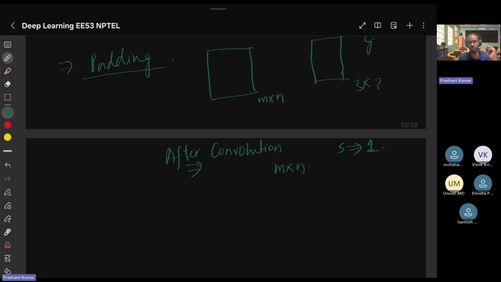Then how much padding do I need to give on the left and the right, or the top and the bottom?